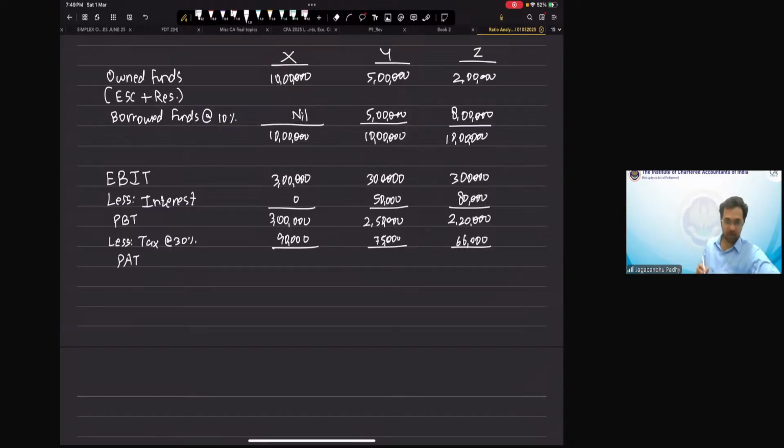So we have a profit after tax figure of 2 lakh 10,000, then 1 lakh 75,000, and 1 lakh 54,000. So EBIT less interest gives PBT, less taxes gives PAT, which is 2 lakh 10, 1 lakh 75, and 1 lakh 54,000.